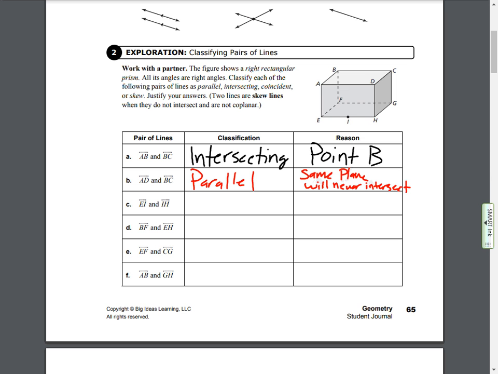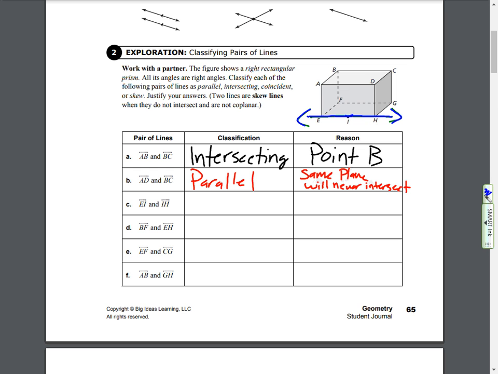Part C says line EI starts at E and goes through I. It's the same direction, right? Lines go on forever and ever in both directions. And line IH, I'll draw the one in blue. Line IH. It's on the same line.